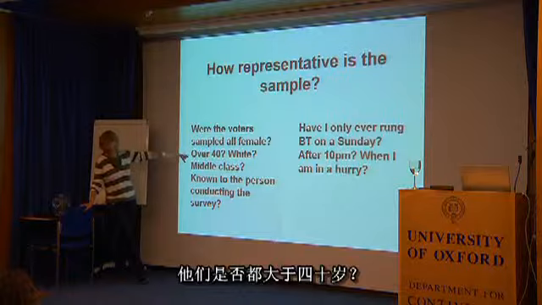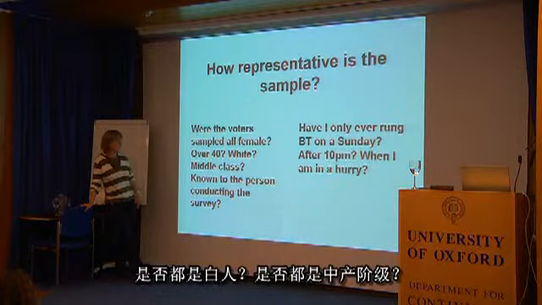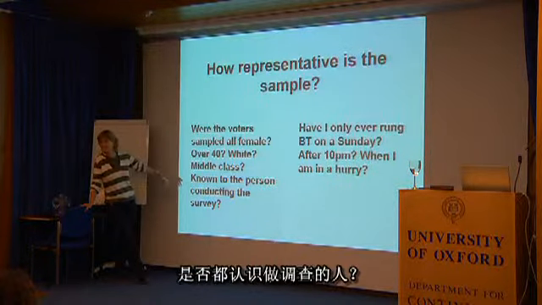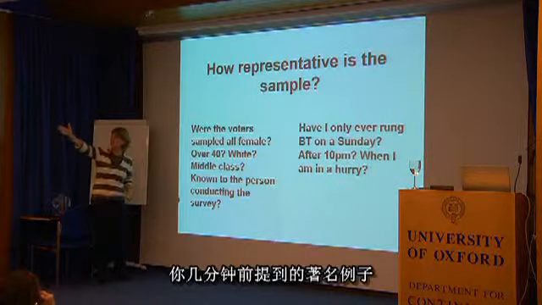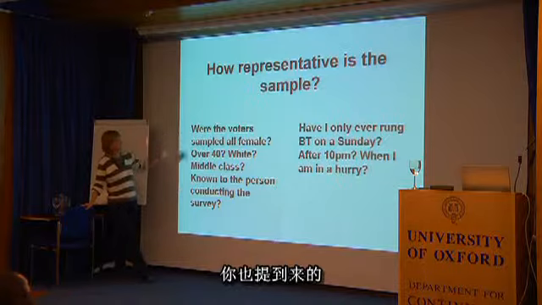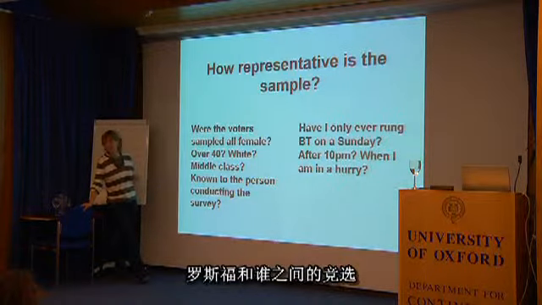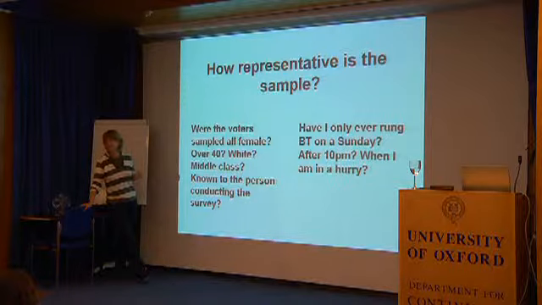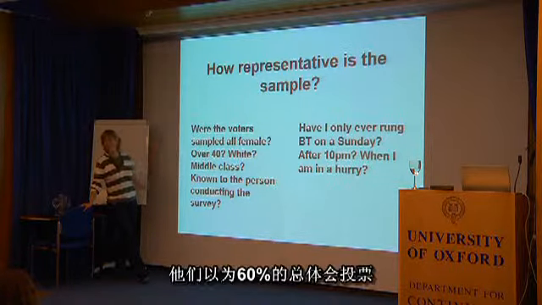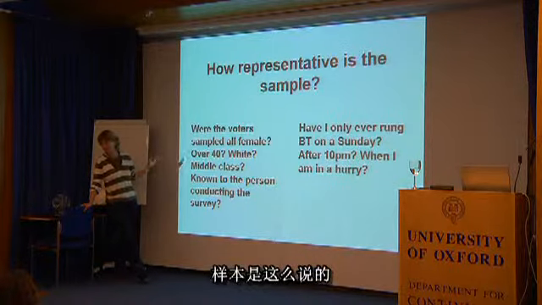Are they all over 40? Are they all white? Are they all middle class? Are they all known to the person conducting the survey? The famous example that you were mentioning a minute ago, and that you've just mentioned as well, in an election between, who? Roosevelt and Landon, yeah. It's a telephone vote. That's right. They thought that 60% of the population was going to vote for Landon. That's what their sample had said.